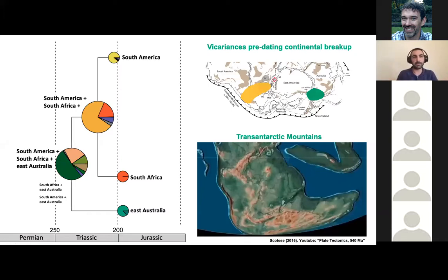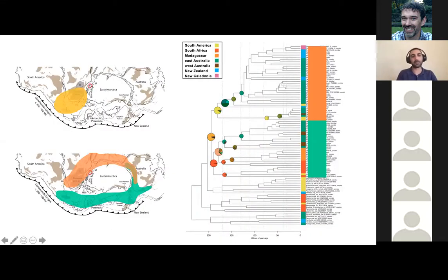So I'm going to take this idea a bit further and go a little deeper in the phylogeny and focus on these two clades, one in green and then this other one in orange. The ancestor to these clades is estimated to be in South America and South Africa. If we go a little deeper into each, we see transitions from South Africa to Madagascar to Australia.